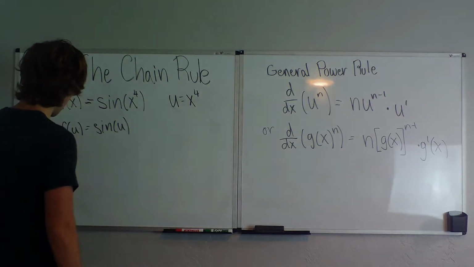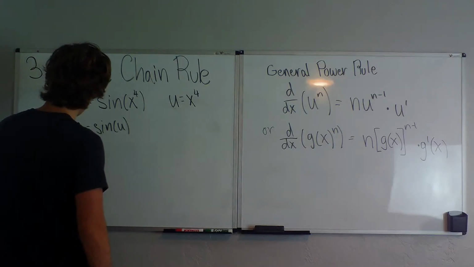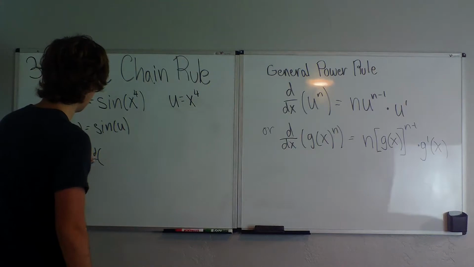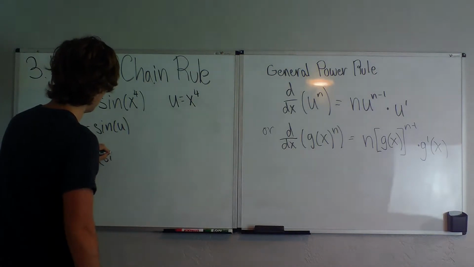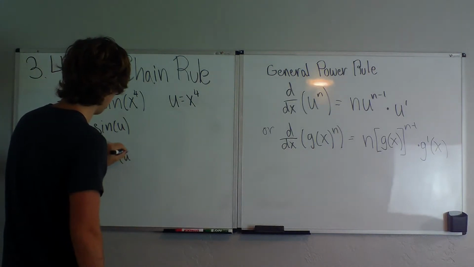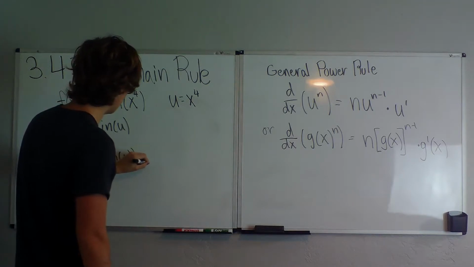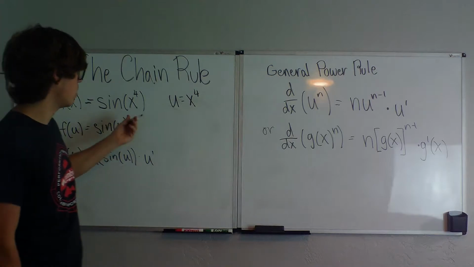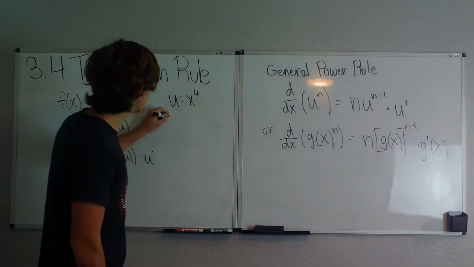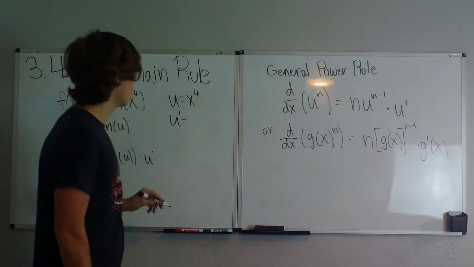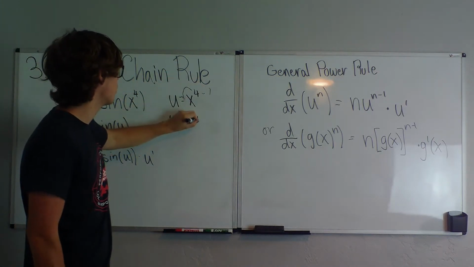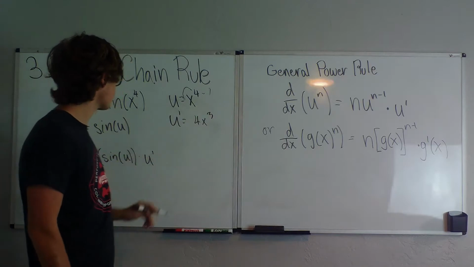Then we know f prime of u is going to be equal to the derivative of sine of u times the derivative of u, or u prime. So what's u prime? Just because that one's really easy to find, u prime is equal to, well, power rule, 4 comes out front, minus 1, 4x cubed.